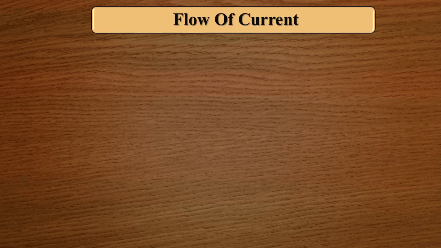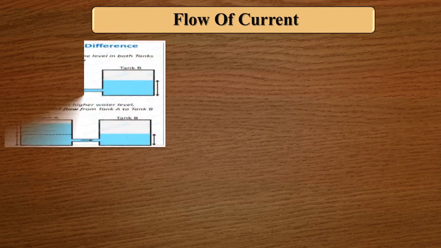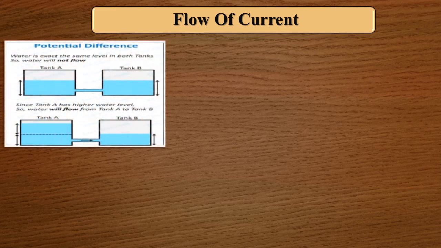To know the reason, we have to see a picture first. In this picture, in the first line, you are seeing two tanks, tank A and tank B. These two tanks both contain a similar level of water. But in the second line, you are seeing two tanks which don't have a similar level of water.